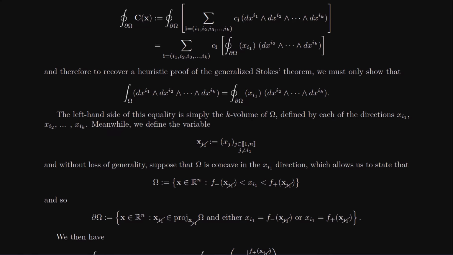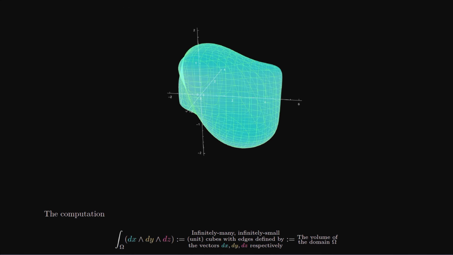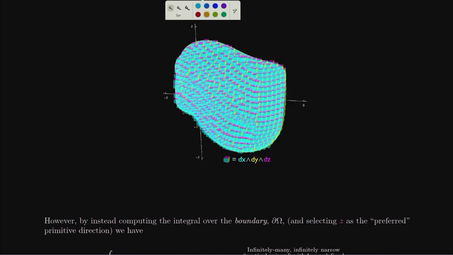So let's see what that actually looks like visually, and then hopefully you can believe me about why this would work out. So visually, here's a three-dimensional object that I've provided, and I'm going to represent that three-dimensional object as a combination of infinitely many unit cubes, right? Okay, they're finitely small in my image, but of course, if I drew them infinitely small, you wouldn't be able to see them.